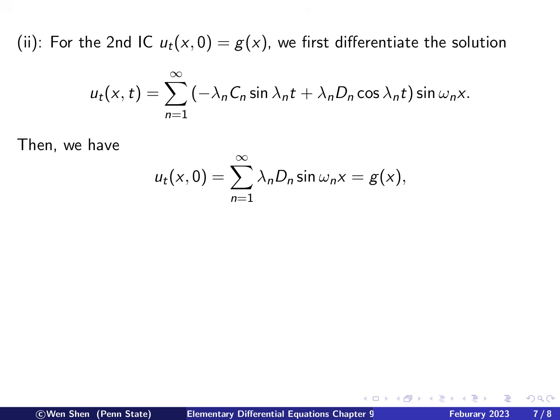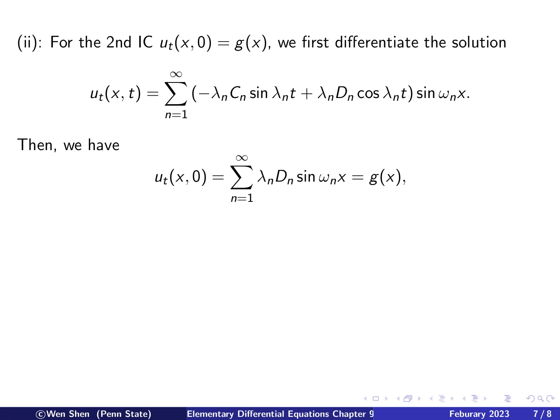Then let's put in t equals 0, then sine is 0 and cosine is 1. So this whole thing comes out to be lambda_n d_n. So we have the sum of lambda_n d_n times the sine function, and this must equal g.